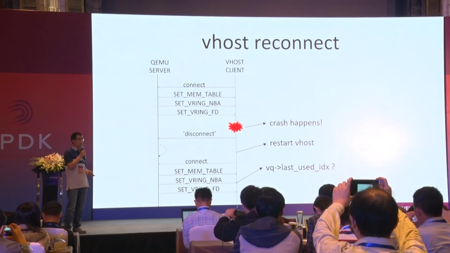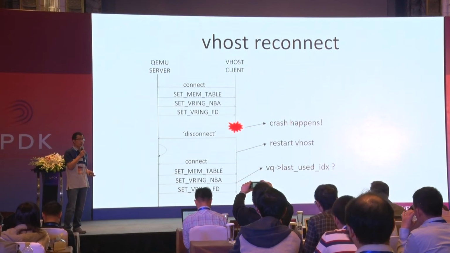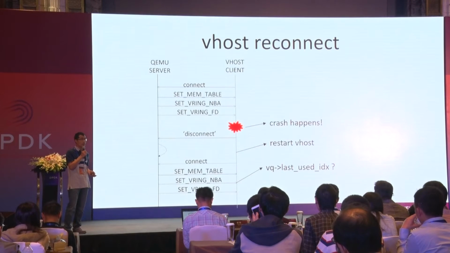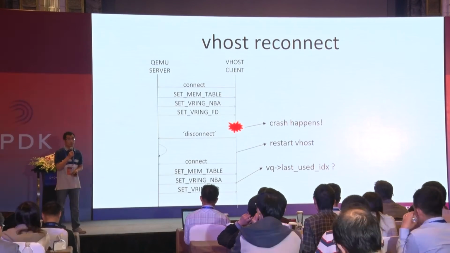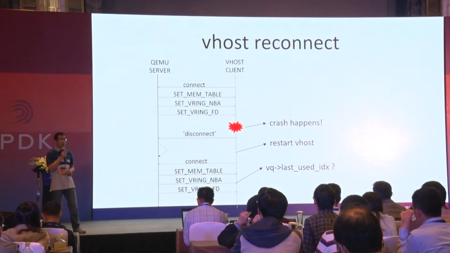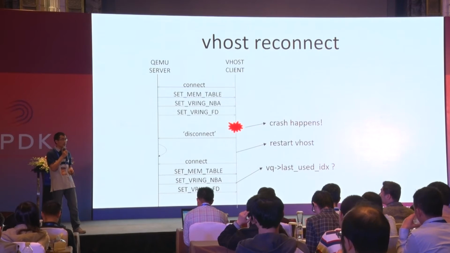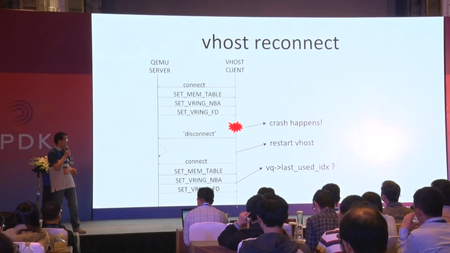But there is one absolute solution for that. If QEMU has the front end reset again and set it to default, that is a long-term solution. However, it cannot solve the existing issues in the Windows and Linux kernels.